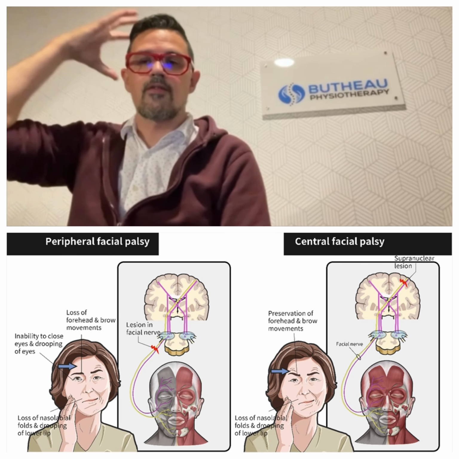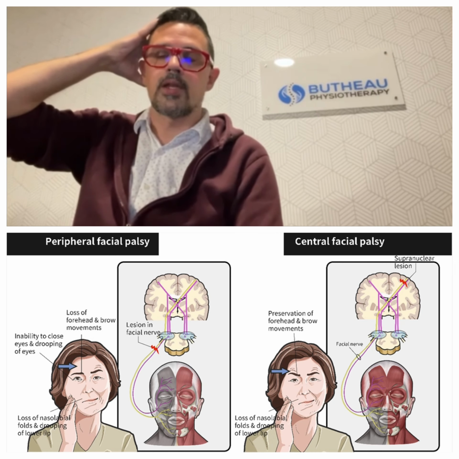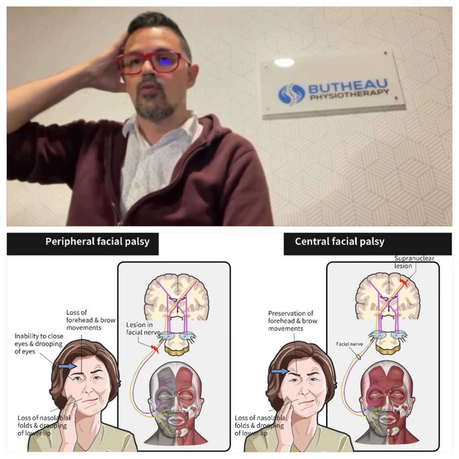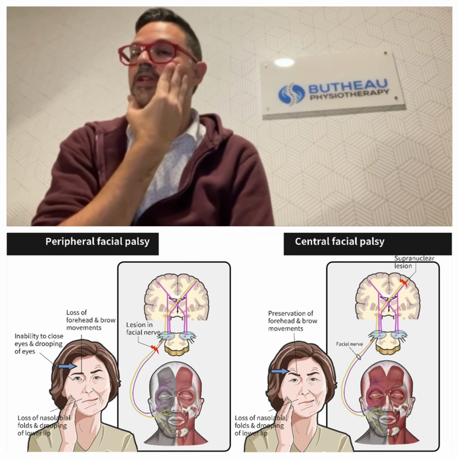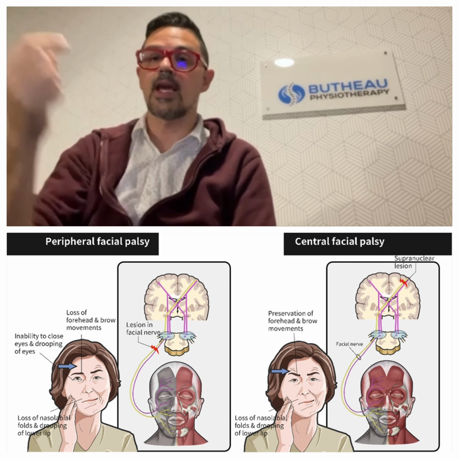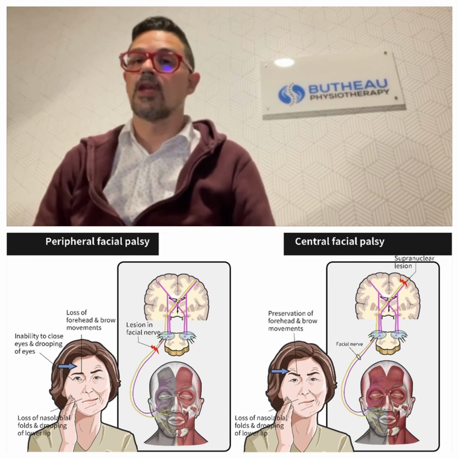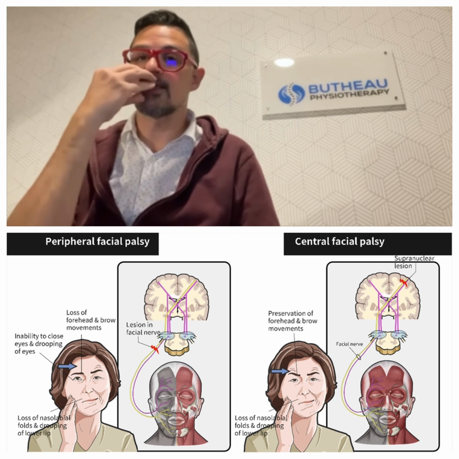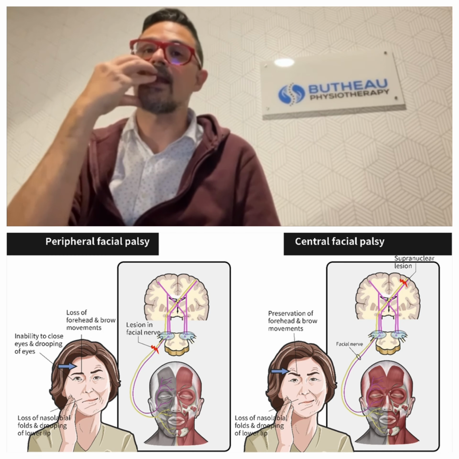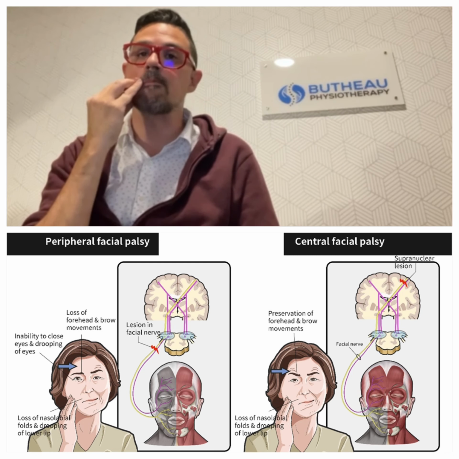So basically, if you have a right side stroke, what you can expect is weakness on this part of your face, so on the opposite side. Again, if you have a left side stroke, you are going to experience mostly weakness down by your mouth and in that area. So it's going to droop a little bit.